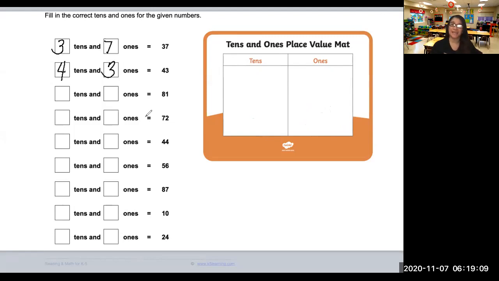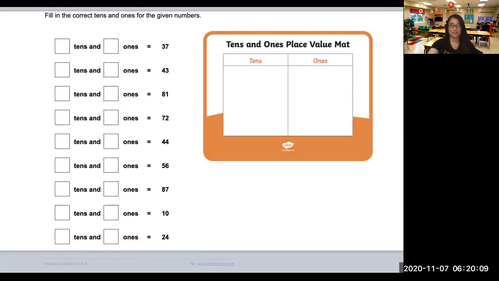Good job. 81. 81 means 8 groups of 10s and 1 ones. 72. 7 10s and 2 ones. 44. 4 10s and 4 ones. 56. 5 10s and 6 ones. 87. 8 10s, 7 ones. 10. 1 10, 0 ones. 24. 2 10s and 4 ones. Very good job.